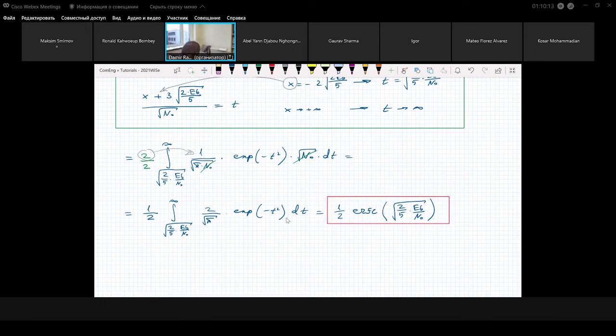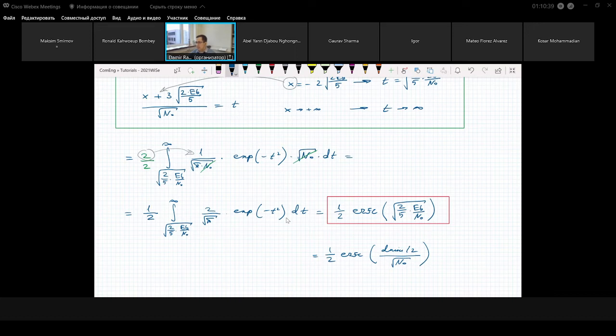But also we can rewrite this expression in terms of d min as 1 over 2 complementary error function of d min over 2 divided by the square root of N0. And surprisingly, you see that we get exactly the same expression as last time.